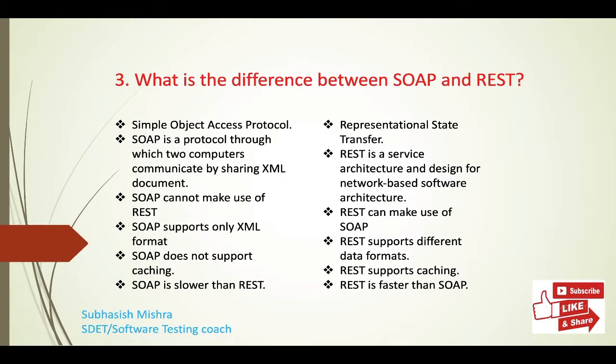REST supports different data formats like plain text, HTML, XML, JSON, but the most preferred format for transferring data is JSON. REST supports caching and REST is faster than SOAP. Fine, we'll move to the next one.